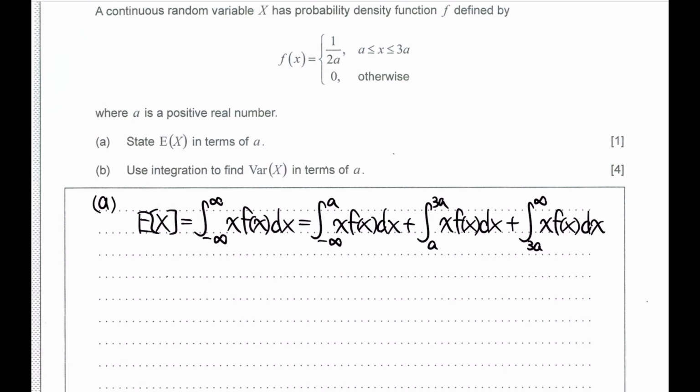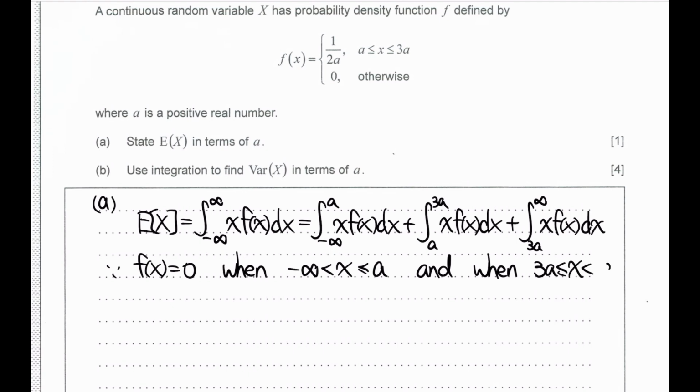This is because f of x is 0 when x is greater than negative infinity and less than or equal to a, and also when x is greater than or equal to 3a and less than positive infinity. So the first and the last integral are 0.